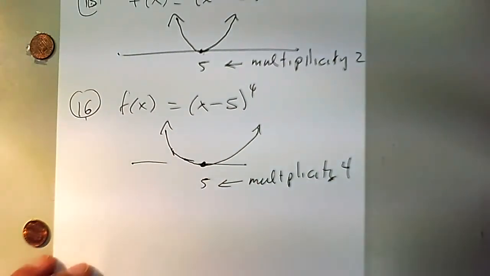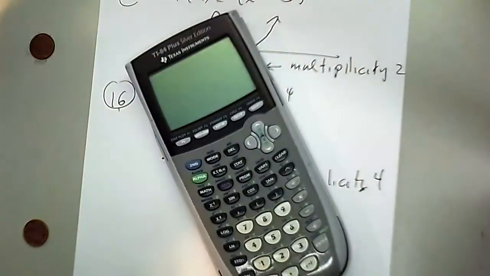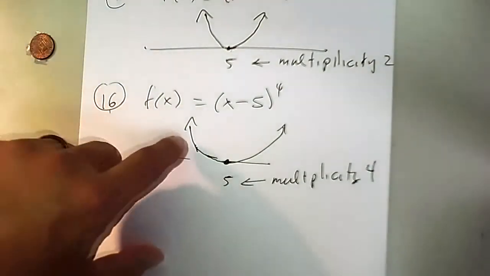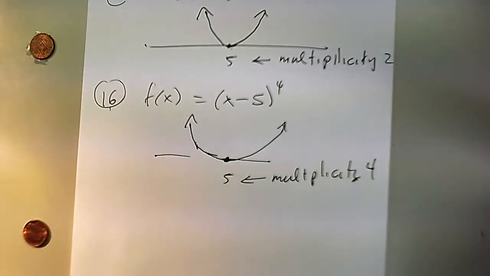One thing I recommend, if you have a graphing calculator like this one or something similar, is to actually graph those functions. Play with it. Be curious about it. Challenge me. Say, hey, he said it's a little flatter. I believe him, but I want to double check.